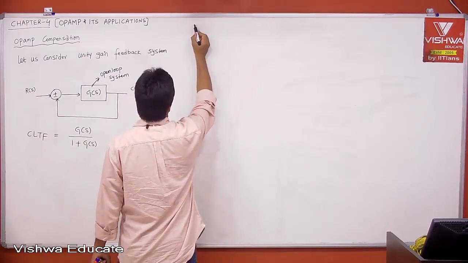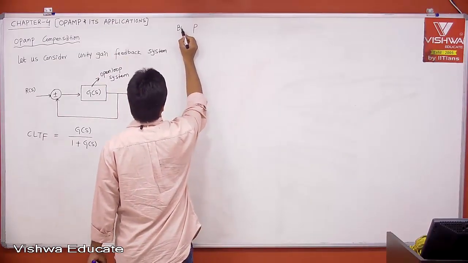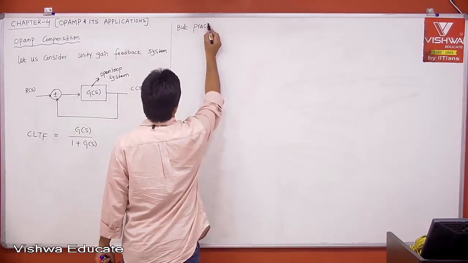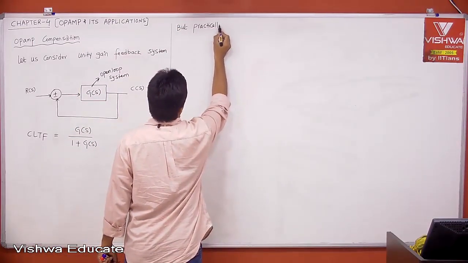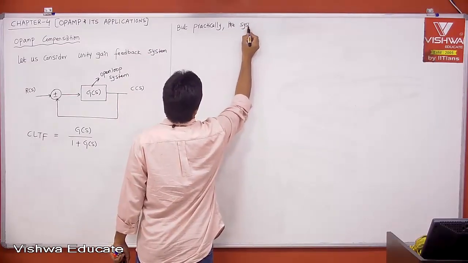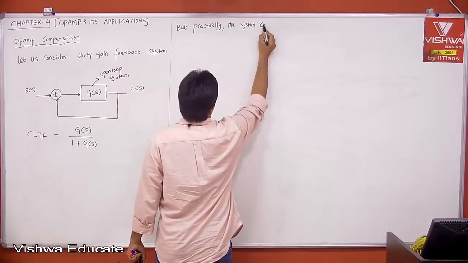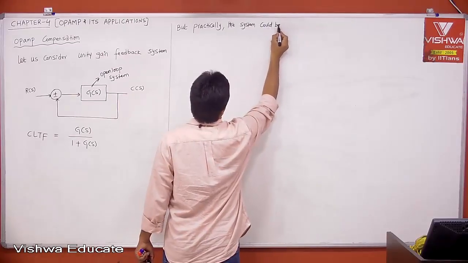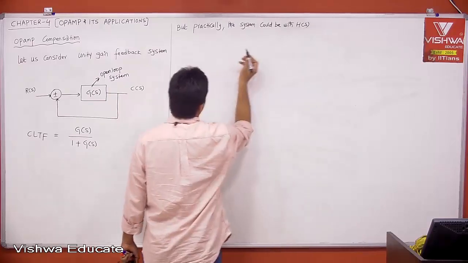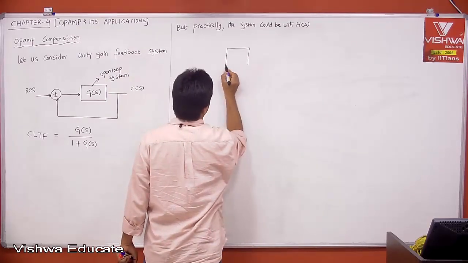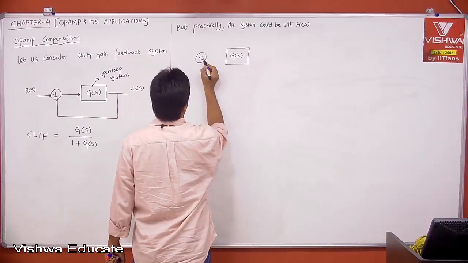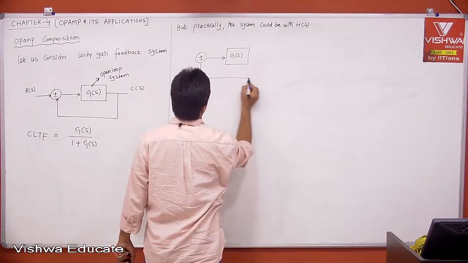But practically, the system could be with H of S. Then therefore this is our G of S. Then this is the negative feedback.